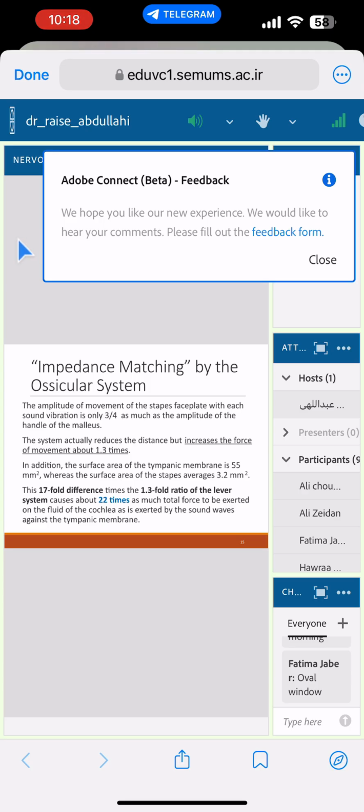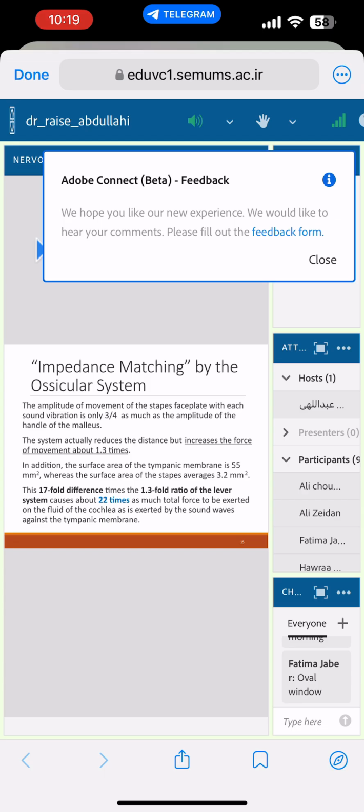So we have a 17-fold difference, multiplied by the 1.3-fold ratio of the lever. These ossicles act as a lever system. So 17 multiplied by 1.3 equals 22.